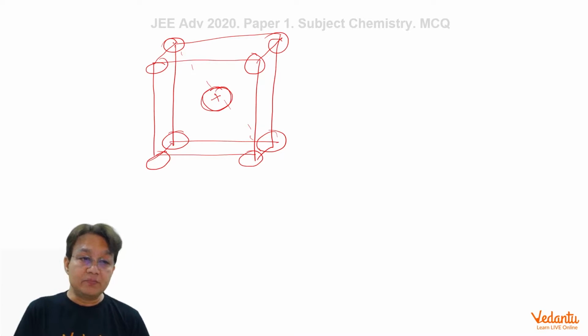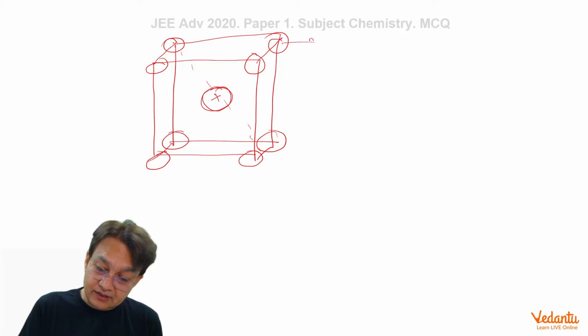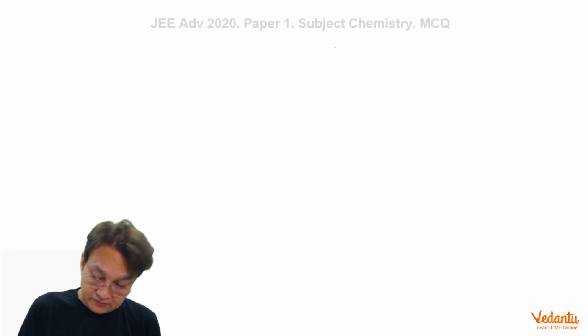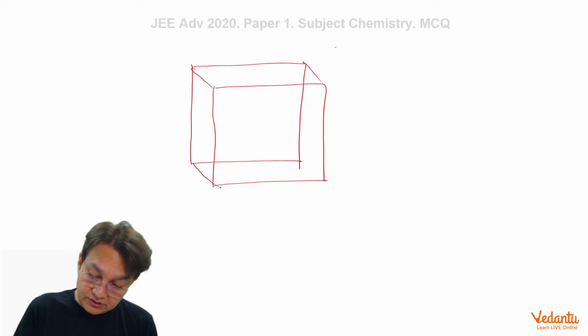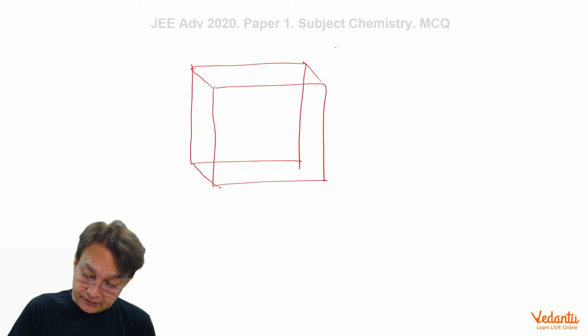That is a simple cubic packing. The anions, X negative, are at the corners, and the cation is here. This is the cubic unit cell, with the cation at the center and the anions at the corners.